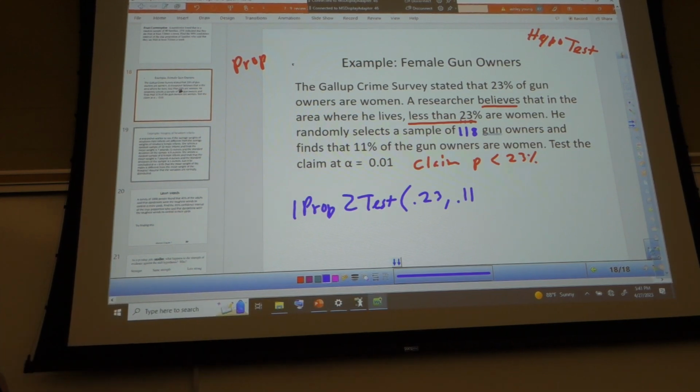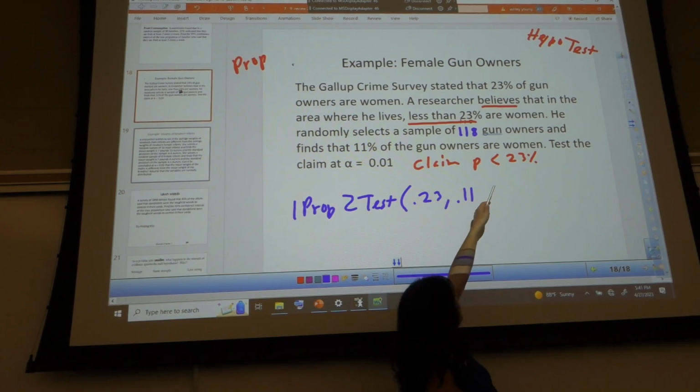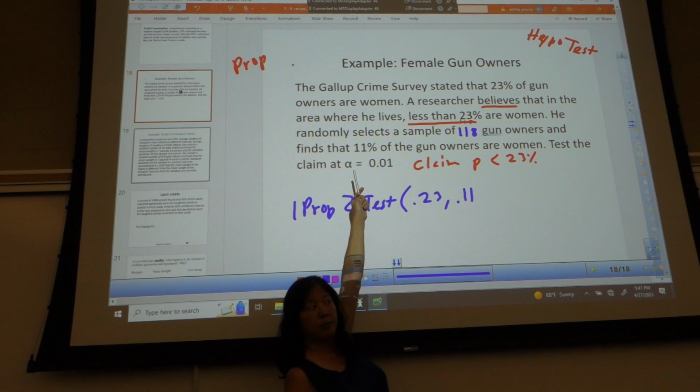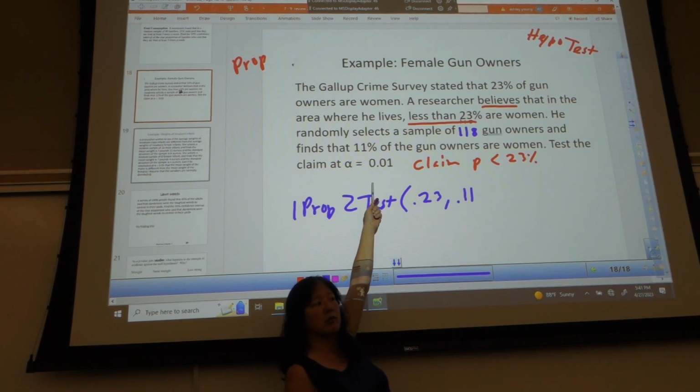So remember, we're always giving you n, sample size of 118, and 11% is not your x, it's your p hat. How do you know it's p hat and not x? Because it's a percentage.